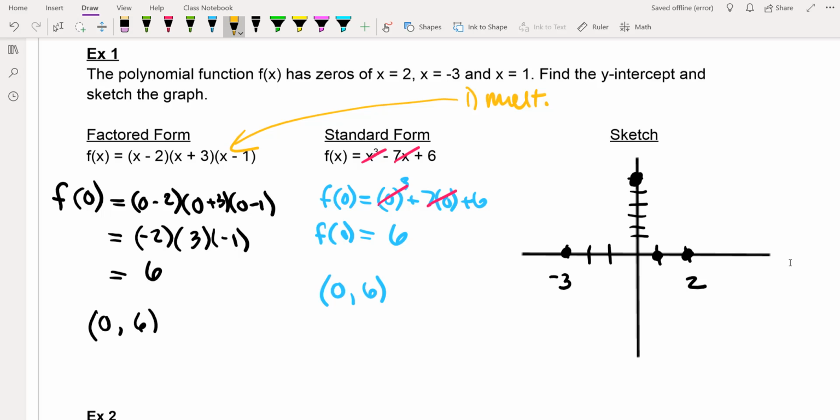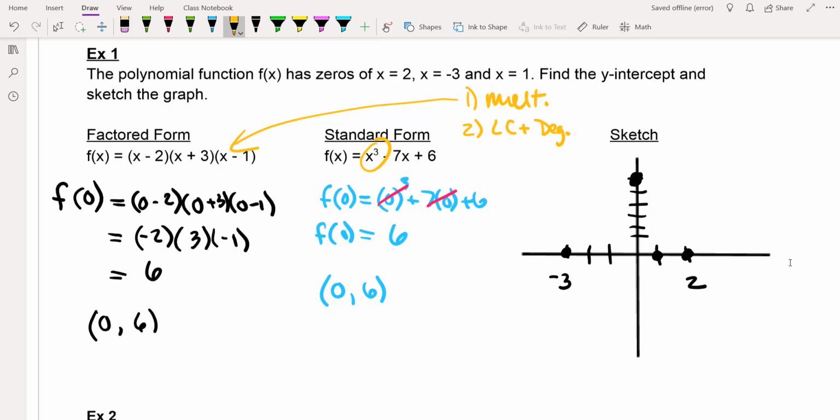The second thing I'm going to look at is my standard form equation right here. I'm going to look at the leading coefficient and the degree. When I look at the leading coefficient and the degree for the standard form version, I can tell the general shape of the graph.